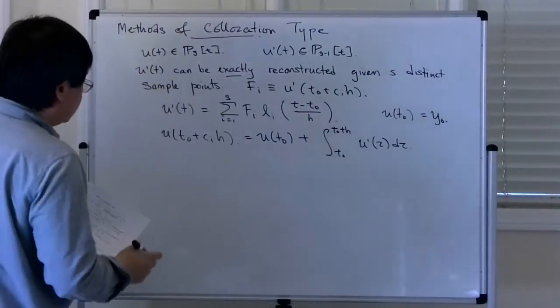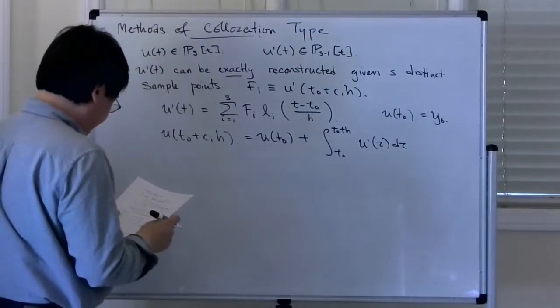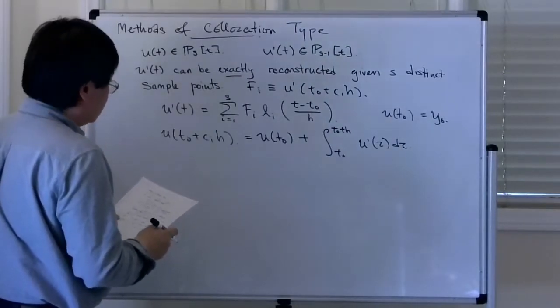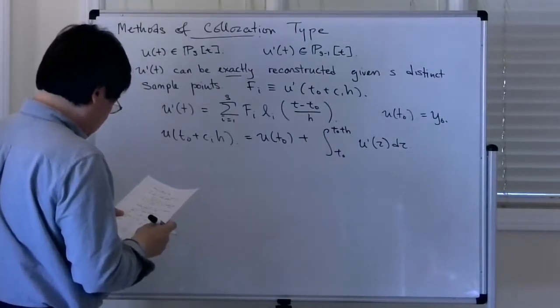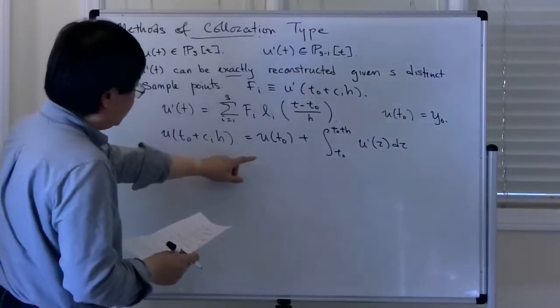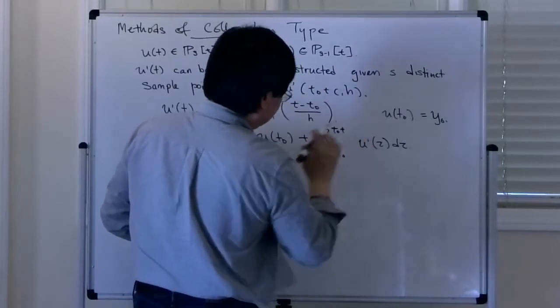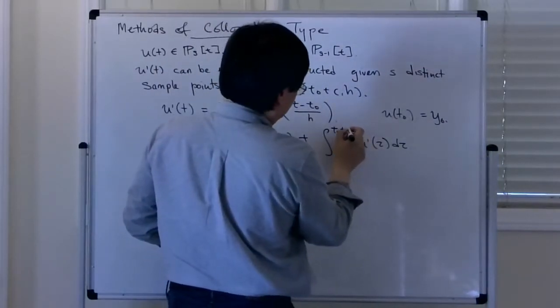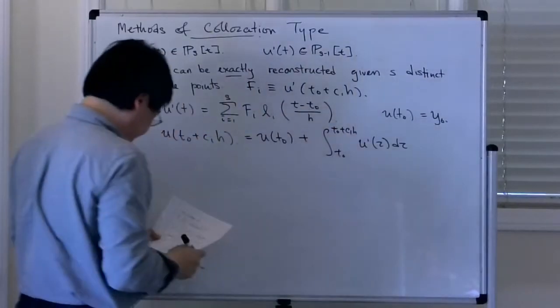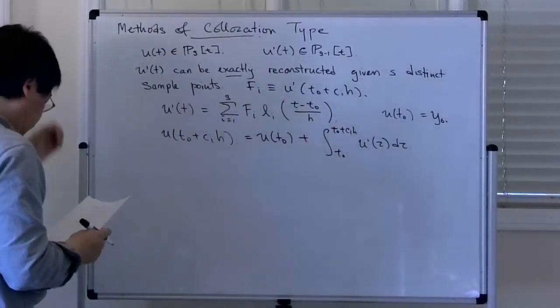So that's basically what you have so far, and actually I'm sorry, I have to integrate this from t0 to t0 plus ci h.